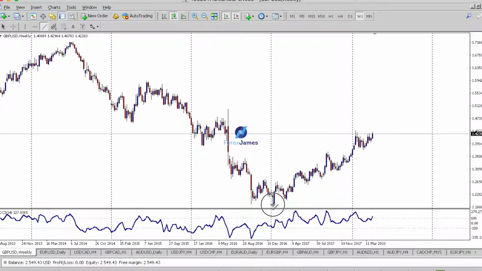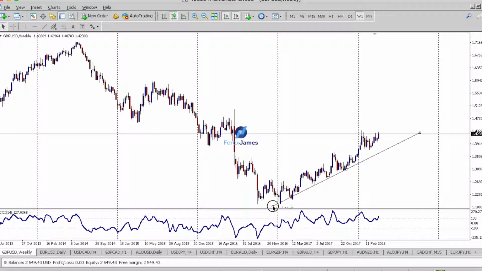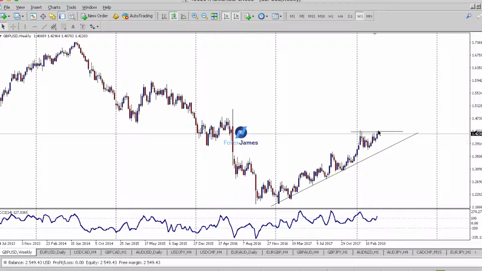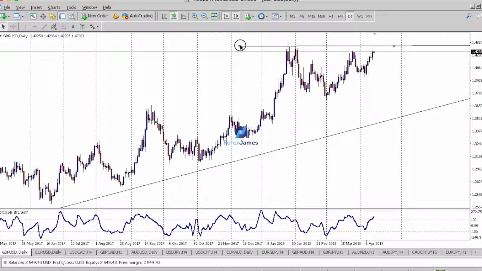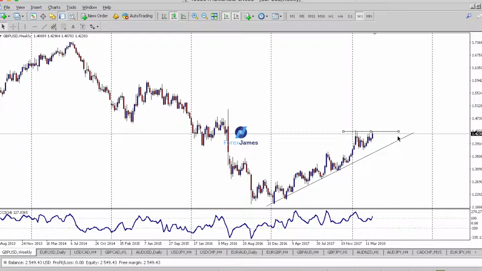still showing an uptrend on the weekly. What we have though on the daily here, price may form a range. I hate it when the line is crooked.